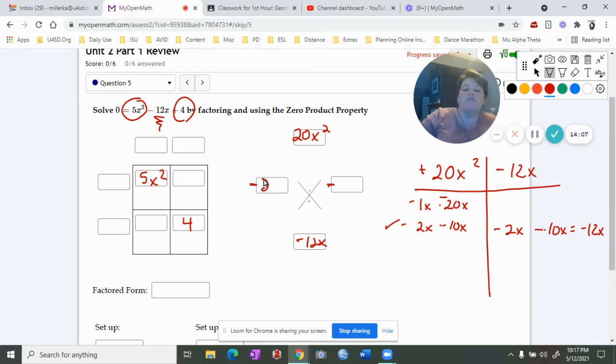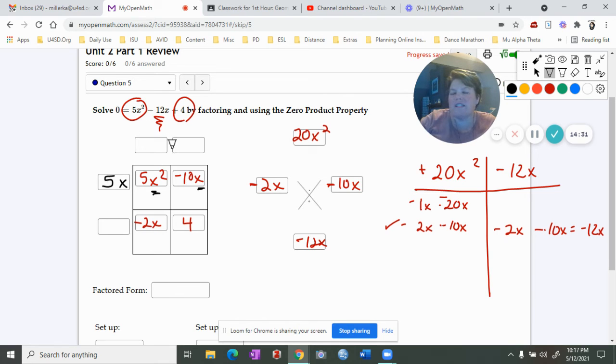So let's try negative 2x and negative 10x. And let's go look for those greatest common factors. 5x squared and negative 10x. Well, I see that x right away. And then looking at the 5 and the negative 10, I think I can take a 5 out of there.